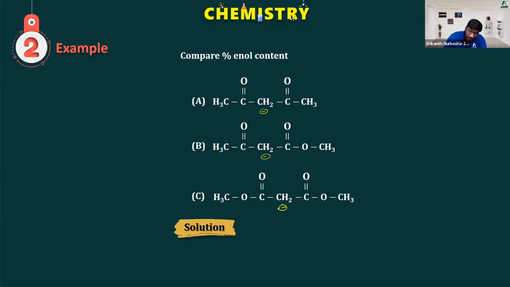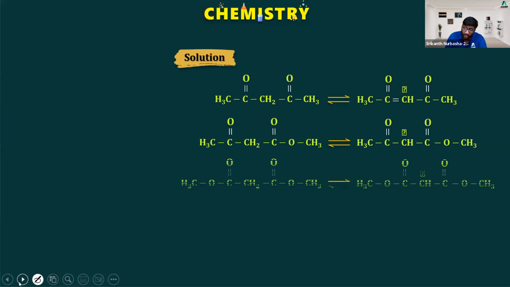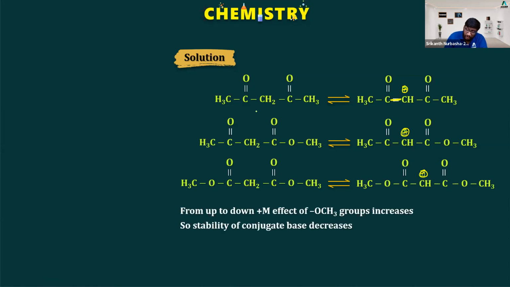The negative charge is going to be in resonance, but the lone pair of electrons on oxygen were also involved in resonance. Yes or no? If you look at CH3, C double bond O, these are the negative charges. From top to bottom, is the plus M effect of OCH3 increasing or not?